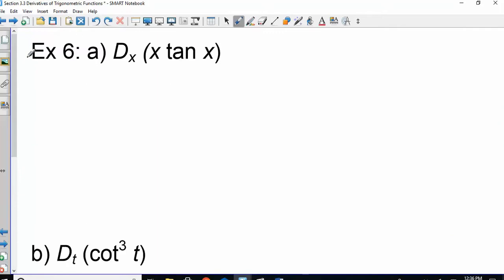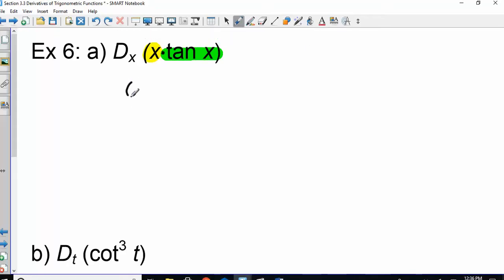So if I asked you to find the derivative of x tangent x, something that I've noticed on the homework is you guys are struggling with not just doing the derivative of each of these separately. This is x times tangent x. So I see I have a variable here and I have a variable here. So what do we have to do? Product rule.